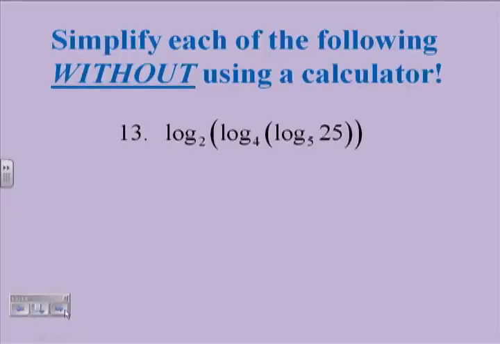Well, this looks like fun. We're supposed to simplify this, and I see quite a mess. Well, what does your algebra training tell you is the place to go first? Haven't you been pretty well trained that you're going to start on the inside here?